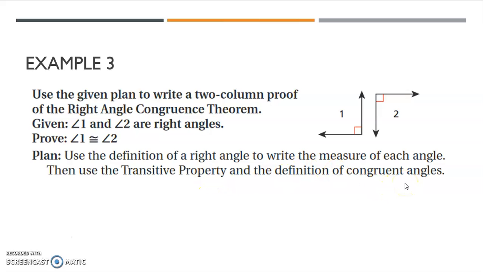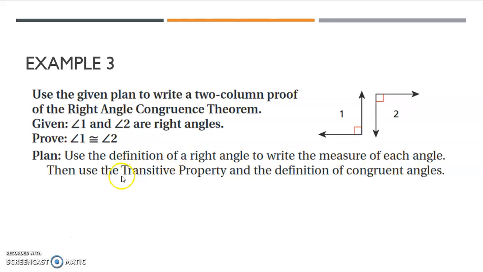So what they've done is they've given you clues to all the steps. Remember, a proof always starts with the given statement. The next statement, try to figure out how to use the definition of a right angle to write step 2. And it says write the measure of each angle, so that's the other clue for step 2.